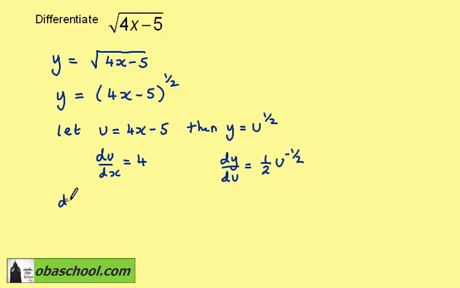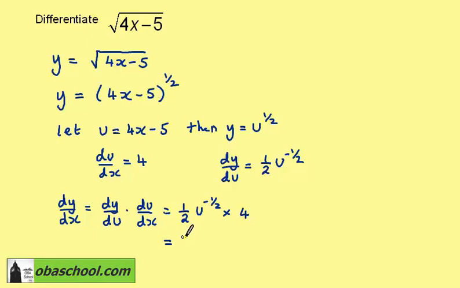We form our chain. dy/dx is equal to dy/du multiplied by du/dx. This is a half u to the minus a half multiplied by 4.